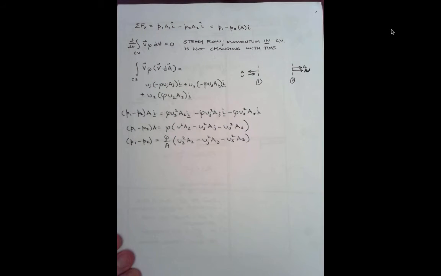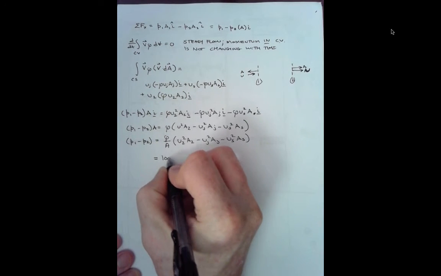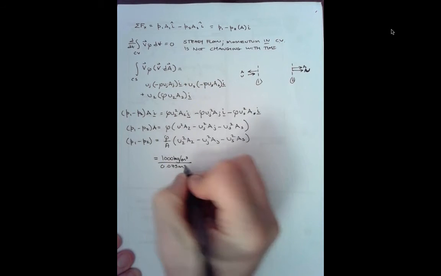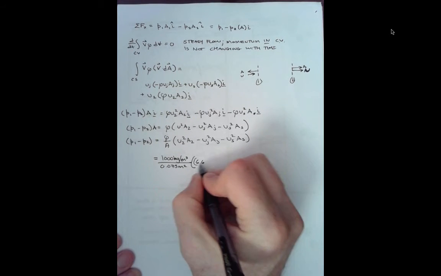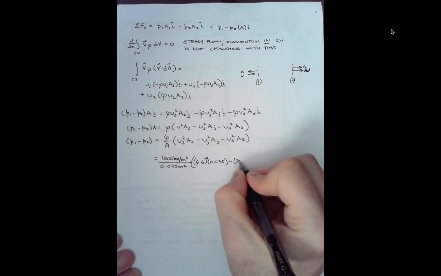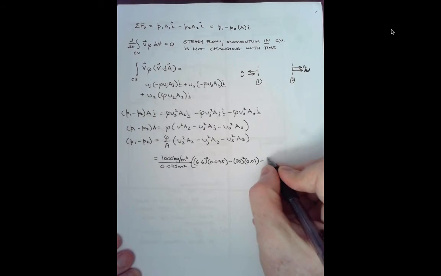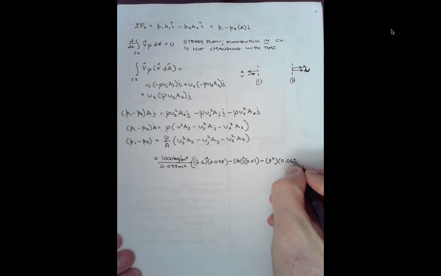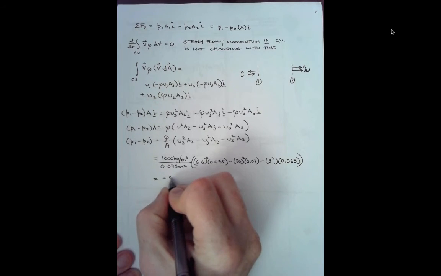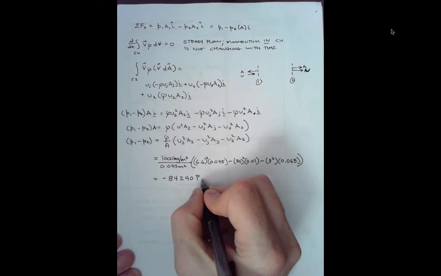If we put numerical values in, we get the change in pressure would be 1,000 kilograms per meter cubed over 0.075 meters squared, times 6.6 squared times 0.075, minus 30 squared times 0.01, minus 3 squared times 0.065, is going to equal minus 84,240 pascals.